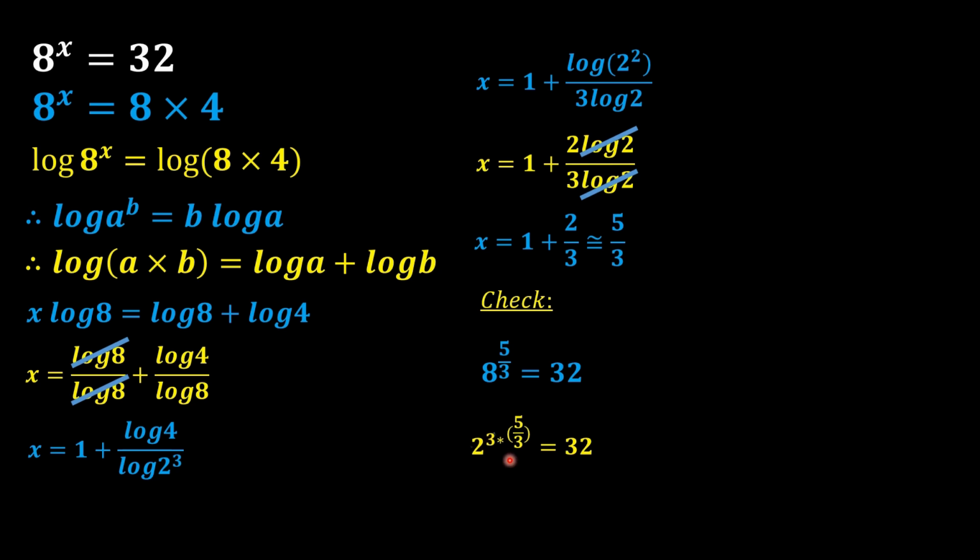Now this 3 and this 3 will cancel out together. As a result, we should get 2 to the power 5 equal to 32, and 2 to the power 5 is 32, and on the other side of the equation you can see that it is also equal to 32. So this is the final proof. The value of x, which is 5 over 3, is true for this expression. So the answer is x is equal to 5 over 3.